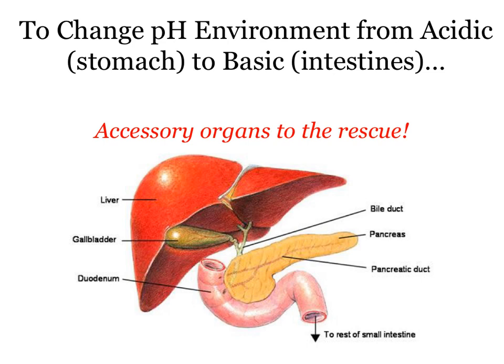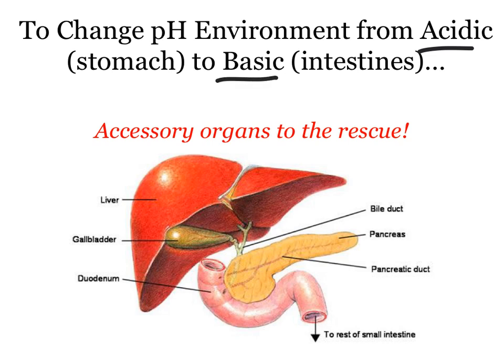So we kind of have a problem here because we already said as food moves through the digestive tract, it goes from your mouth to your esophagus to your stomach, and then from the stomach it goes directly into the small intestine. However, we said that the stomach is very acidic and the small intestine is pretty basic.